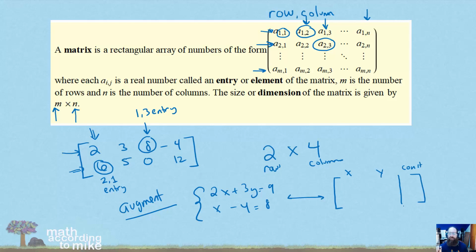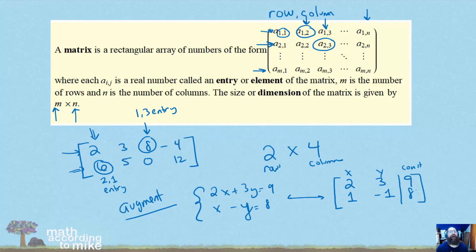So the equation 2x plus 3y equals 9 becomes the row 2, 3, 9. And the second equation, x minus y, oh, that's a y. It really is a sloppy y. It looks like a 4. x minus y equals 8 becomes the row 1, negative 1, 8. So we don't need the variables anymore. The position tells us what the variables are.